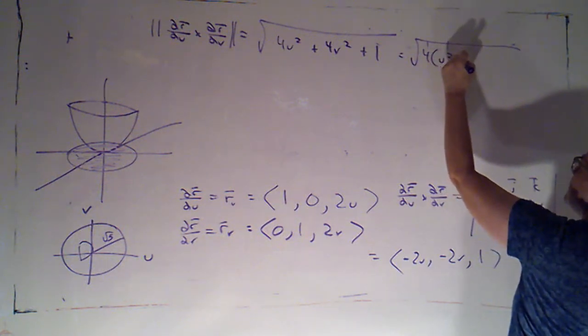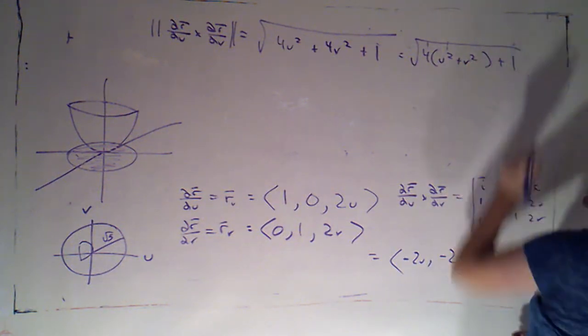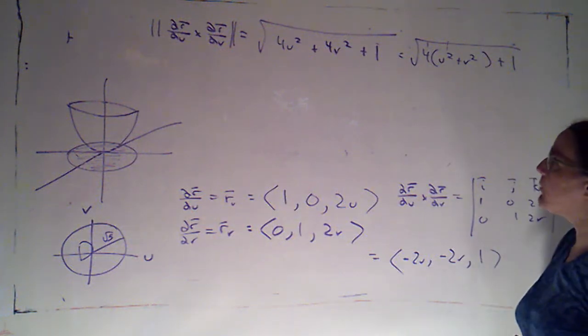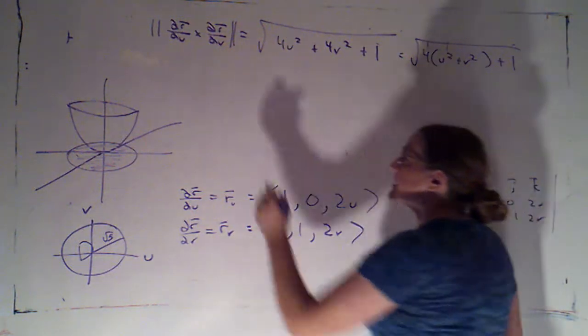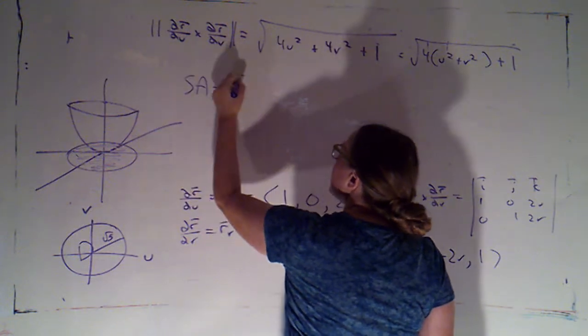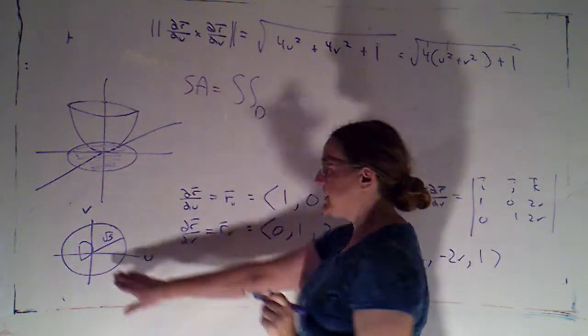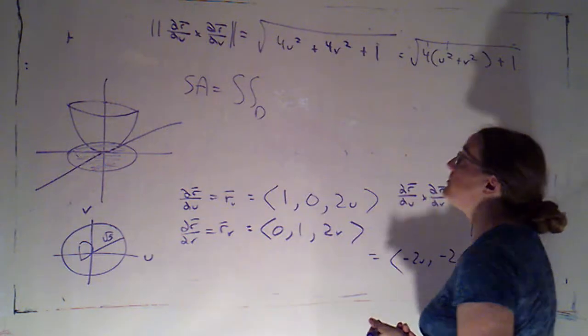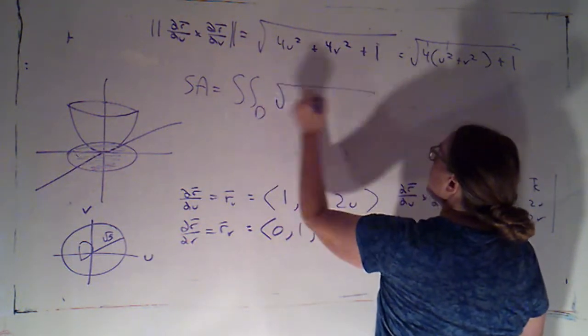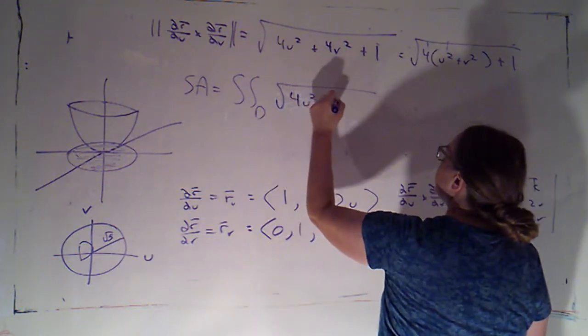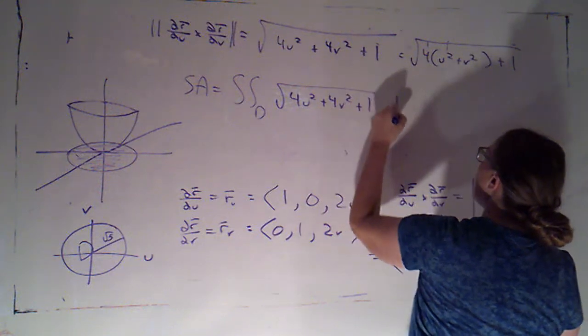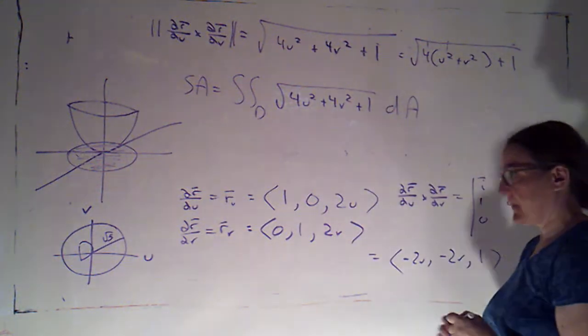So that's 4 times u squared plus v squared, plus 1. So then to get the surface area, I would be integrating over D, which is this disk in the UV plane, the square root of 4u squared plus 4v squared plus 1 dA.